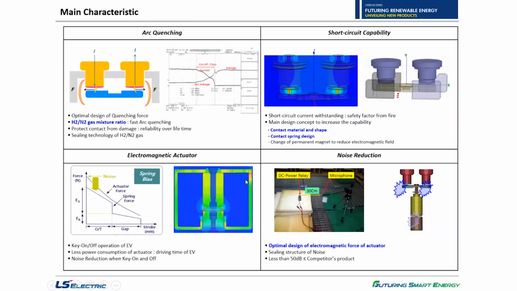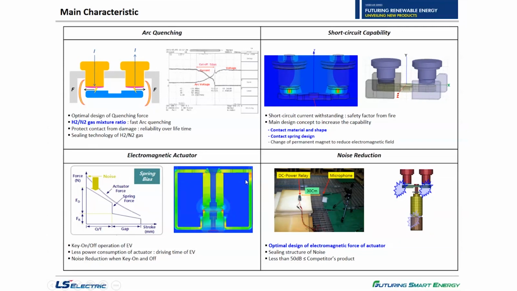On demand, this system needs four major technologies. I'm going to explain arc quenching, short circuit capability, and electromagnetic actuator design and noise reduction technologies. First of all, the most important part of the switching is the arc chamber sealed with H2 in a mixed gas for better reliability. Secondly, the main contact should be considered to enhance short circuit capacity by selecting the material and shape of the contact, with optimal spring selection and magnet placement.